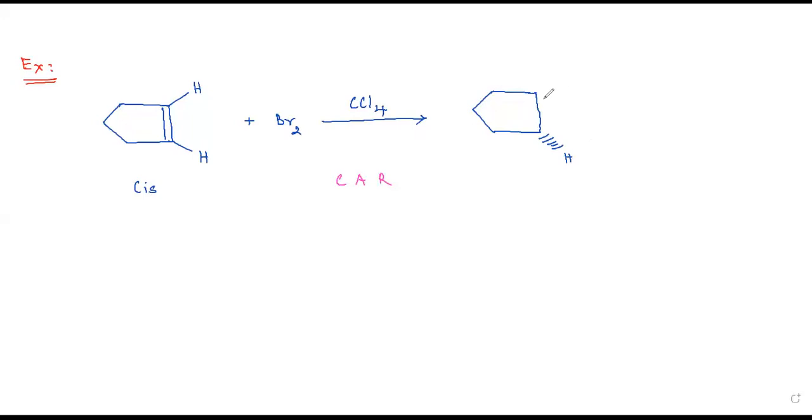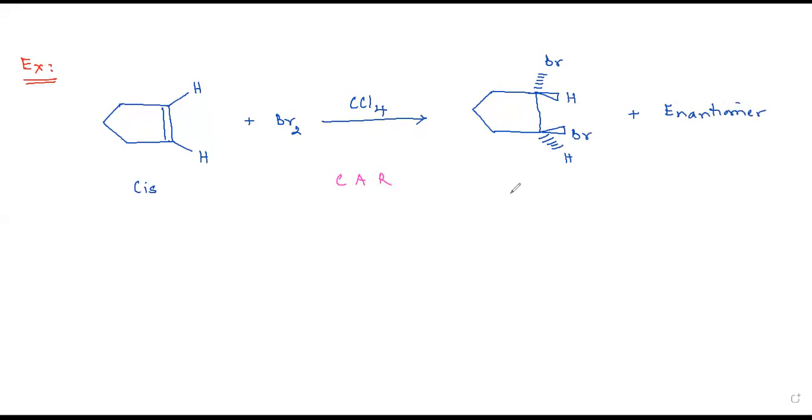A hydrogen, another hydrogen. So here let me add a bromine with a wedge, and here with a dash. Okay, of course, it's a mirror image because we get a racemic mixture, right?